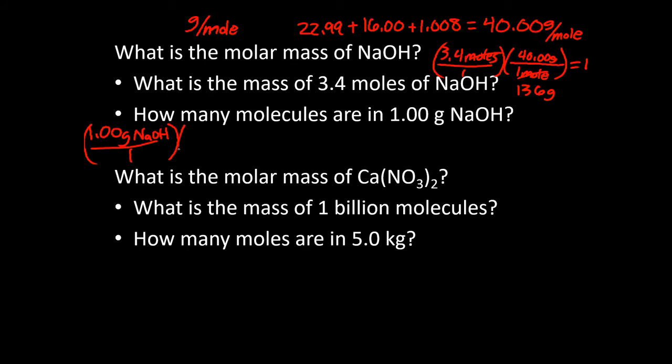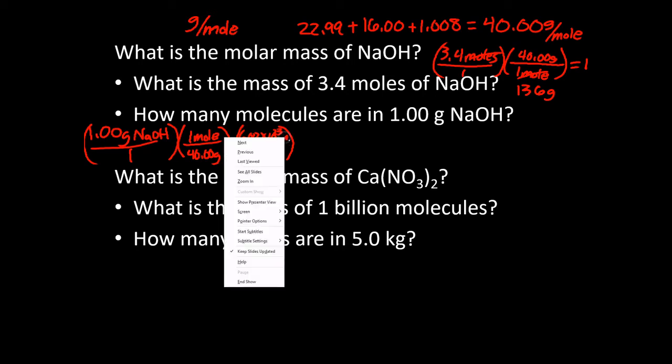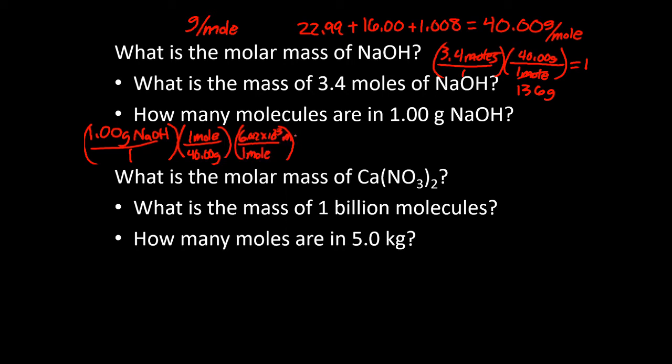So if we do that, again we have 40 grams for every 1 mole. And then Avogadro's number tells us that for every 1 mole, we will have 6.022 times 10 to the 23rd molecules, in this case. Sorry for making that look really nasty, but that is molecules there.